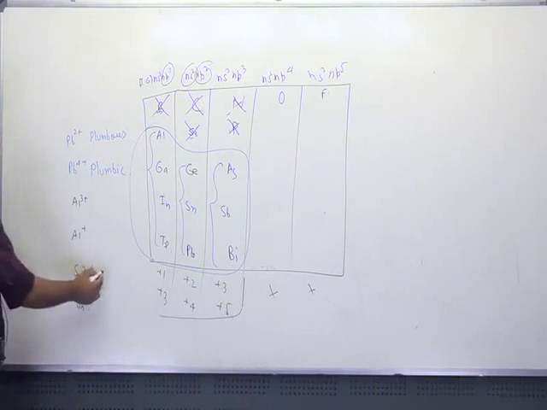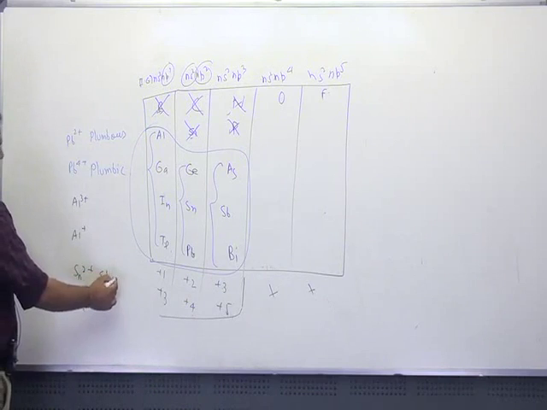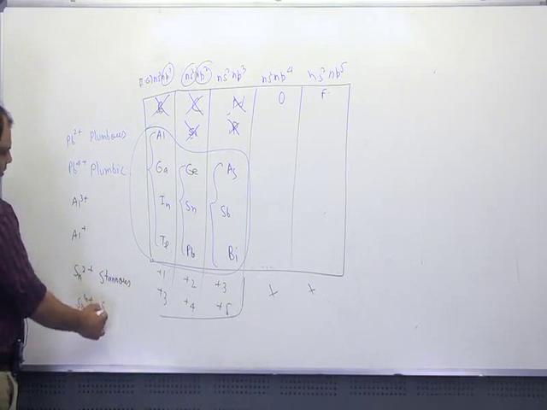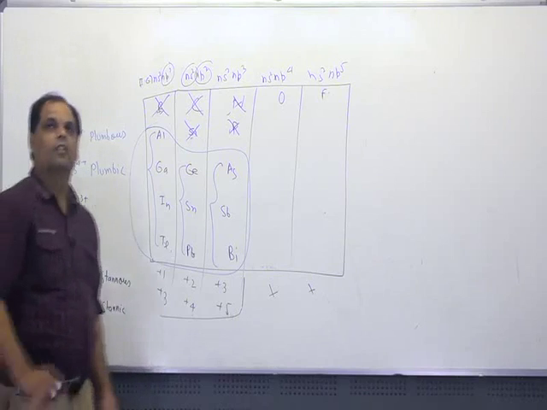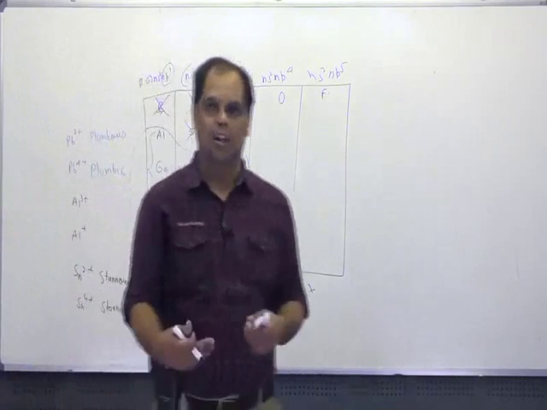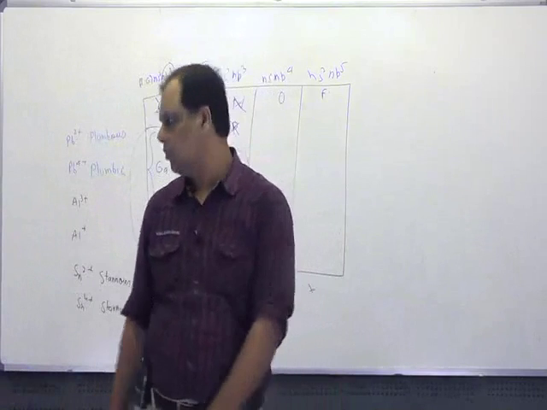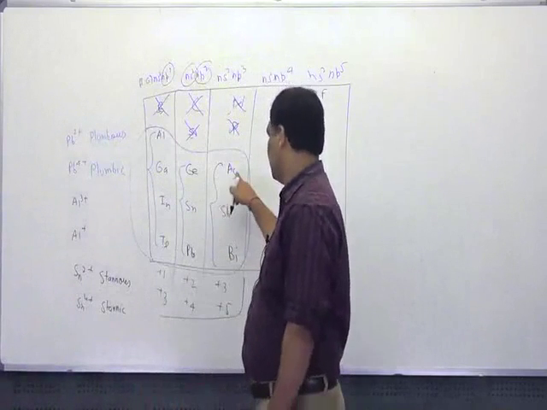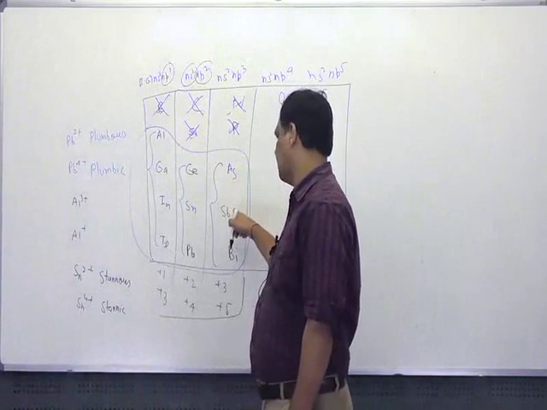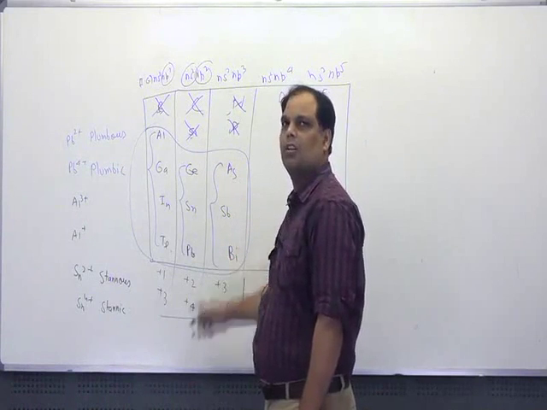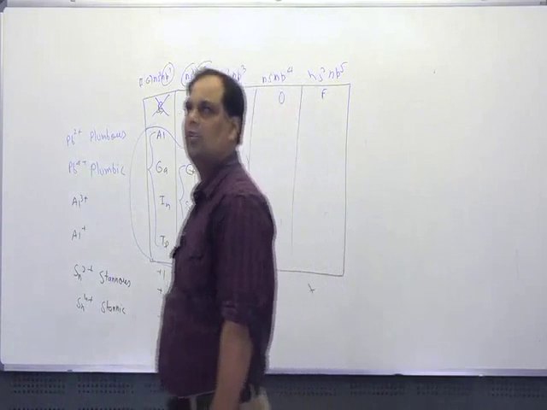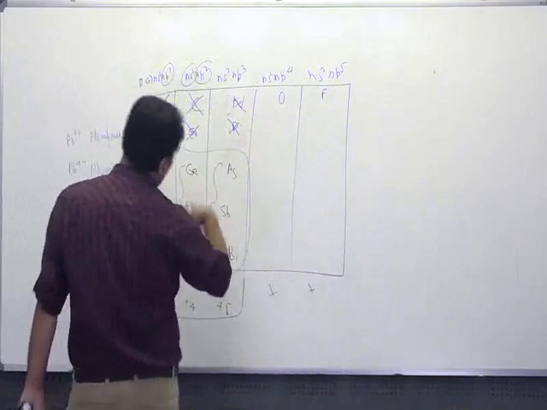We call it stannous, stannic. We don't refer to it as tinous or tinic. Similarly, we have arsenous, arsenic, stibnous, stibnic, bismuthous, bismuthic. So this is the permissible cationic electrovalency of P block metals.